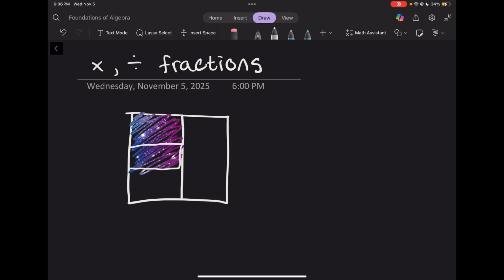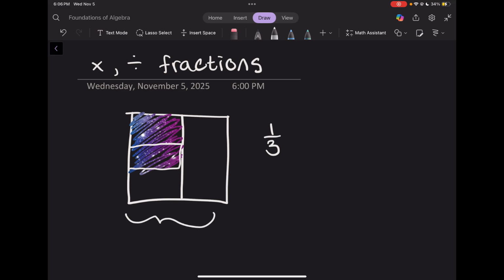Then I ask myself, how much of this whole square is shaded? That would be 1/3 of the whole square that is shaded. So that is what multiplying fractions look like.